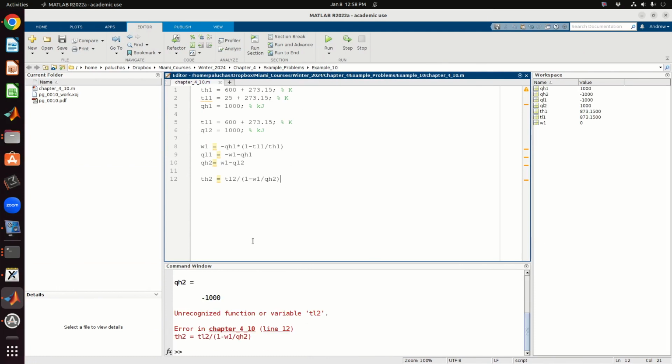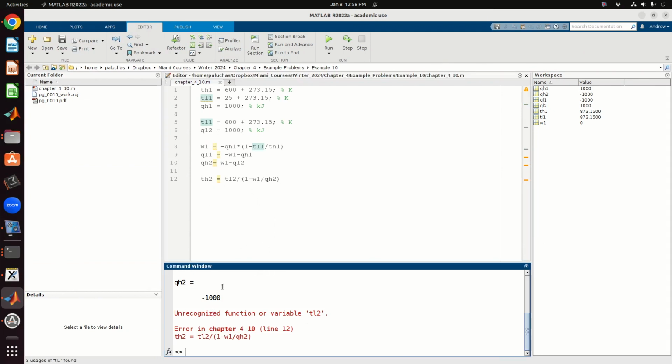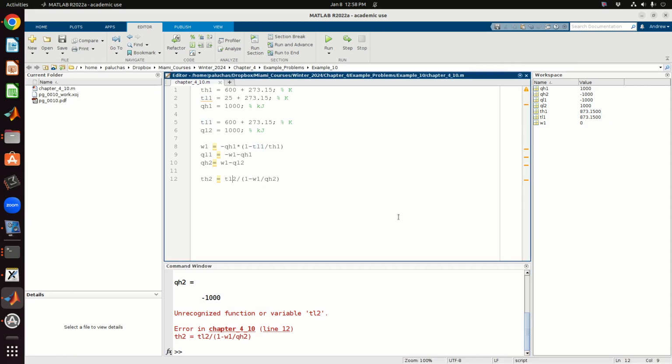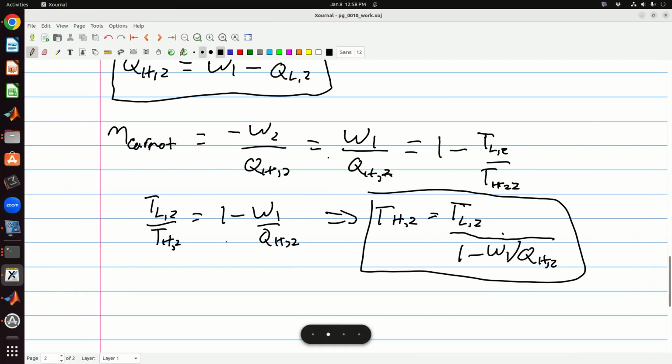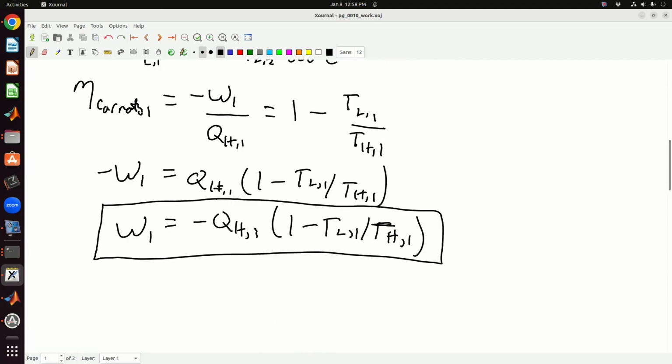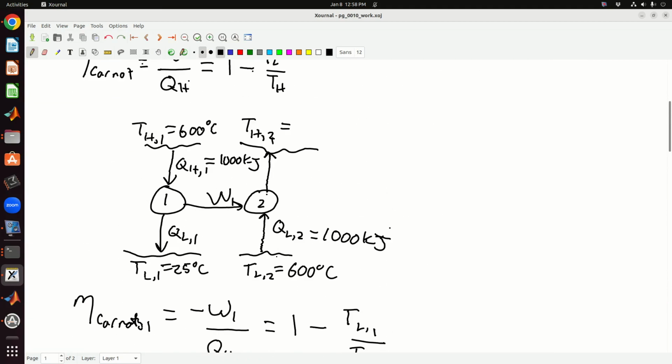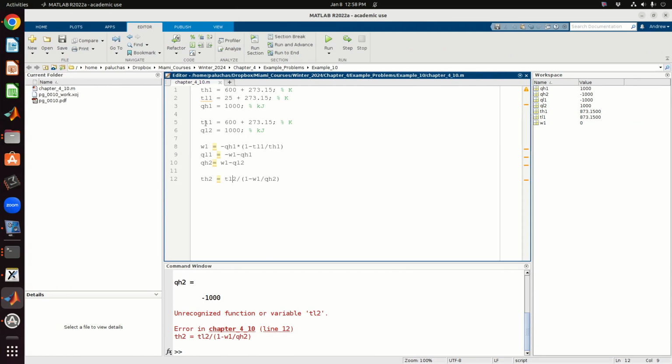Okay, so running. Let's see. I've got an error, TH1. It's because TL2 is 600, and I called the TL1 here. So that's supposed to be TL2.